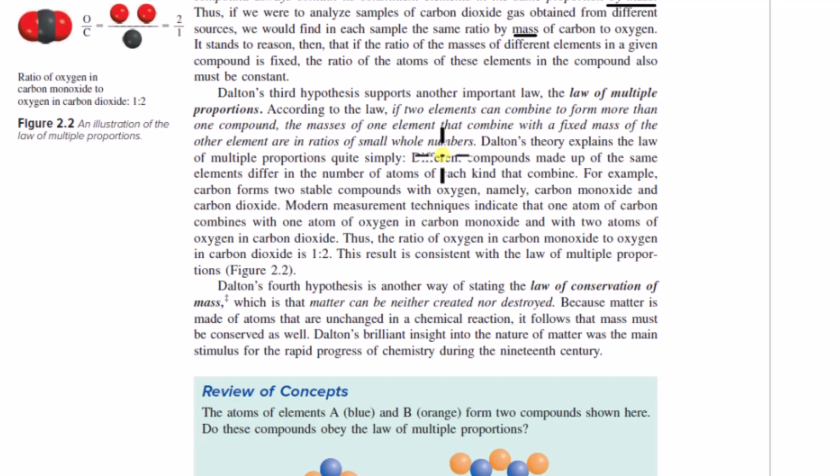And so what they're doing here is comparing, okay, when we create carbon monoxide and we see how much carbon and oxygen is used, how does that compare to the amount of carbon and oxygen used to create carbon dioxide? They didn't know it was carbon dioxide. They just knew it was a different substance.